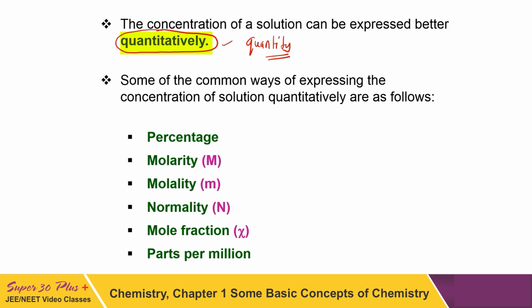If you want to define the concentration qualitatively, you can define it, as I told you, two ways: diluted and concentrated. So quantitatively you can define it by percentage, a very common concentration term, molarity, molality, normality, mole fraction, and parts per million, ppm, right? So now we shall discuss all of them one by one. All right, let's proceed.